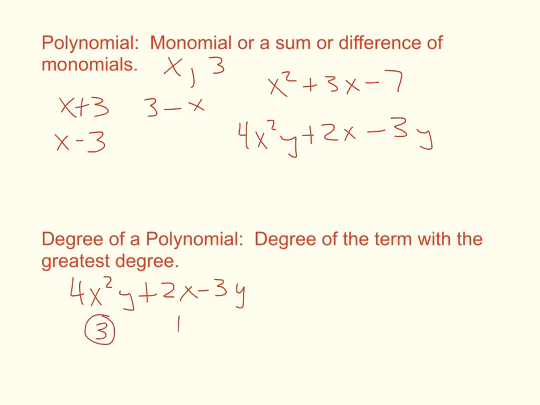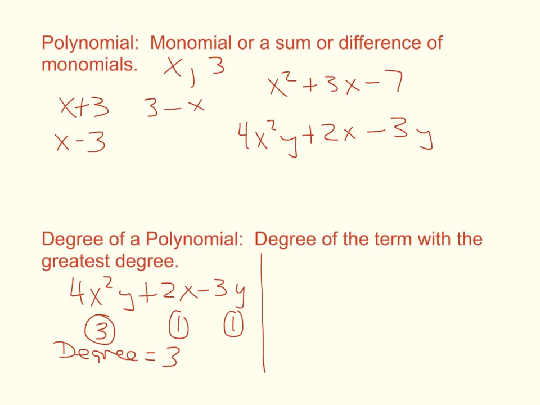Here, the degree is 1 because x is raised to the first power. For the third term, y is raised to the first power. It has a degree of 1. The degree here would be the greatest one. So it's going to be 3. That is the degree of the highest term.